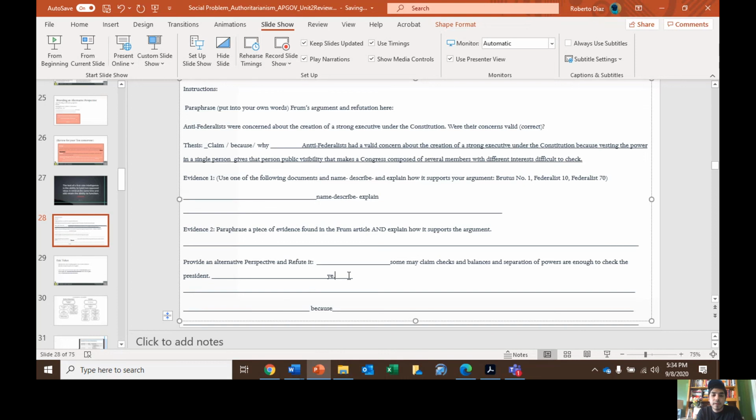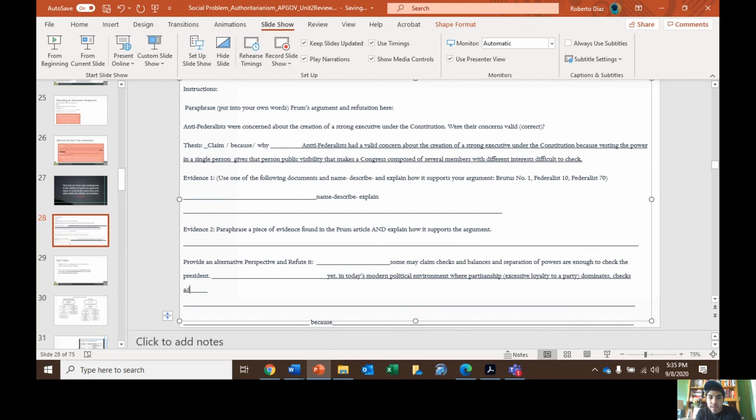Yet, in today's modern political environment where partisanship, excessive loyalty to a party dominates, checks and balances is rendered obsolete if the president is of the same party as Congress.